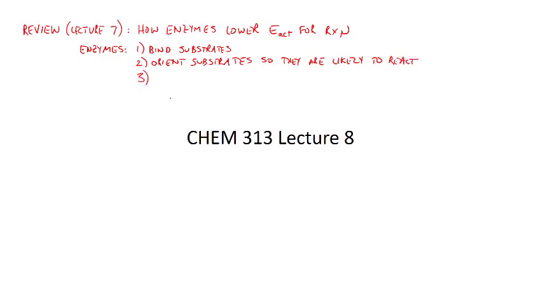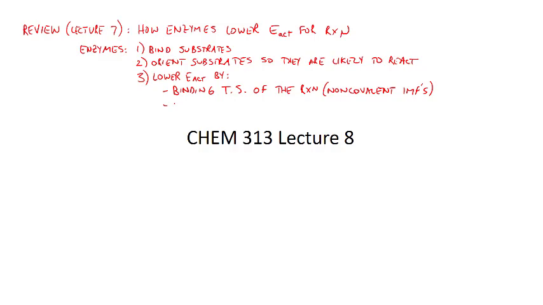And then on top of that, they directly contribute to lowering the activation energy by one of several possible features. Probably the most common way is by binding to the transition state of the reaction, and that is by forming non-covalent intermolecular forces with the transition state.